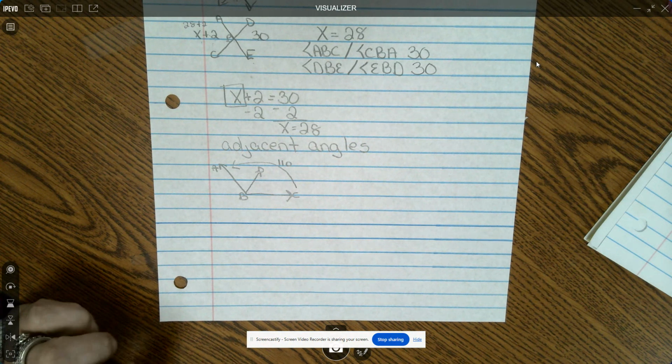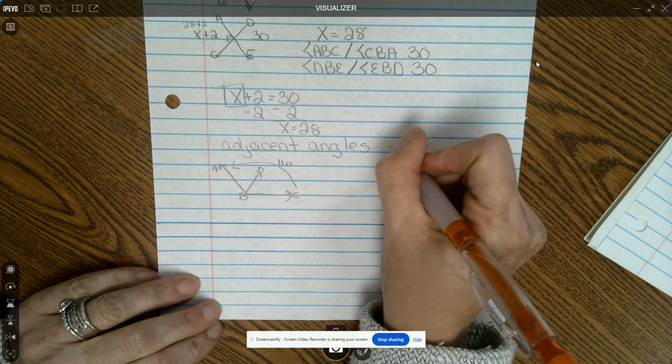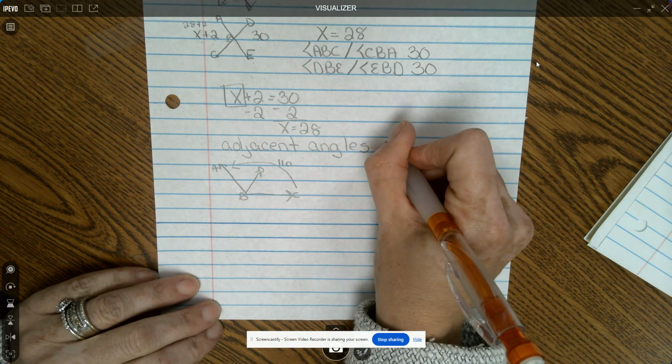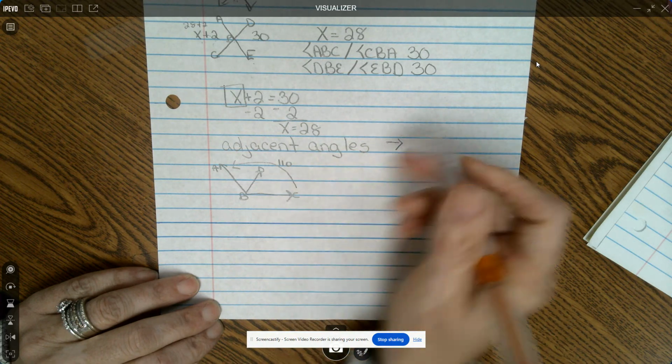How do I know that this right here is an adjacent angle? Because it shares a ray. So what is my ray that it's sharing? BD, yeah, it's sharing BD right here.